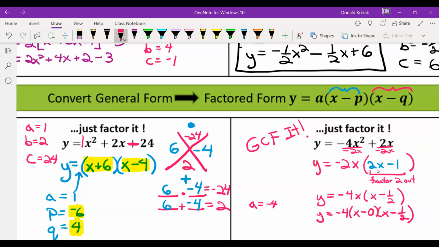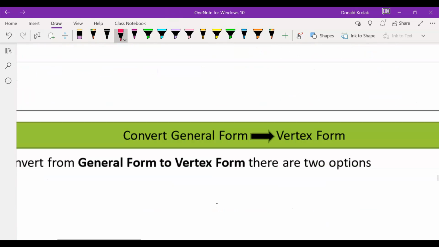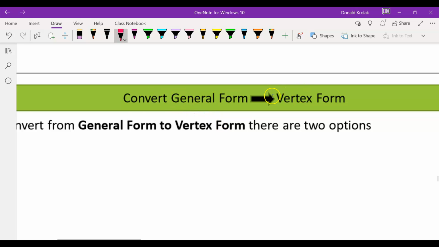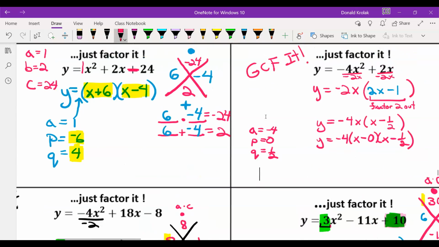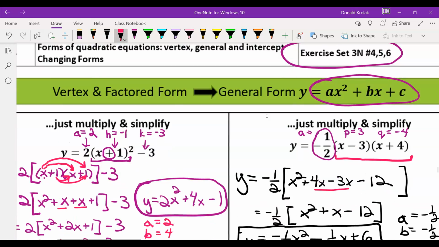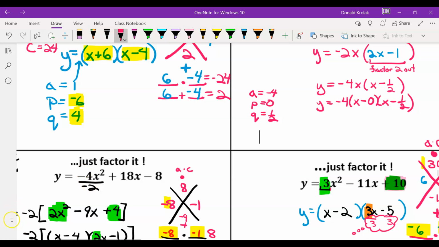Negative 4, P is 0, Q. Okay, so tomorrow we'll pick up with how to take something that's in general form and convert it to vertex form.